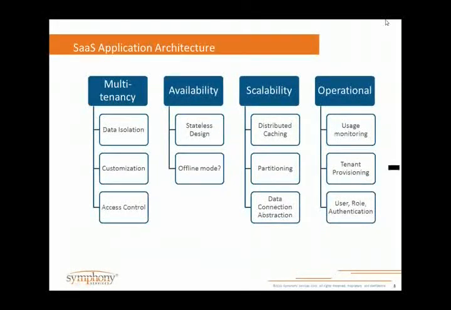Many of us know that stateless design is one of the factors which contribute to availability. Caching contributes to scalability. Sharding or partitioning contributes to scalability. The data connections have to be abstracted; they cannot be deeply embedded.